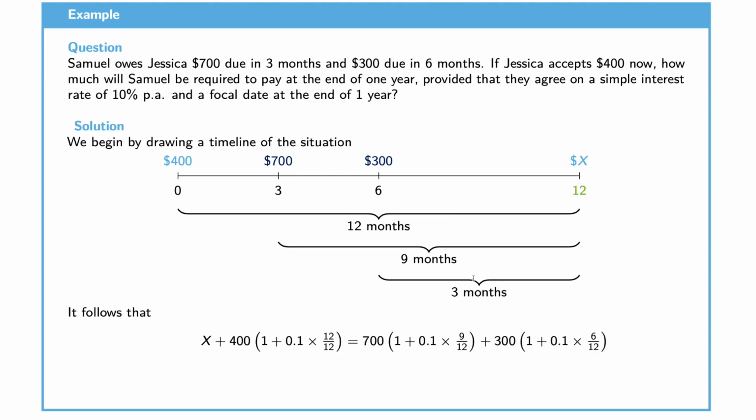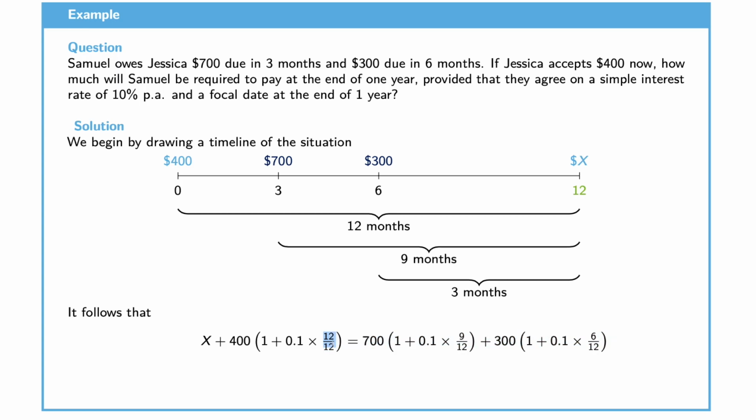So it follows that we can use that generalized formula, where we take x. Now, x is at the focal date, and therefore at the focal date it has value x. But the $400 doesn't have value $400. It has value 400 times 1 plus r, which is 0.1, times 12 over 12.